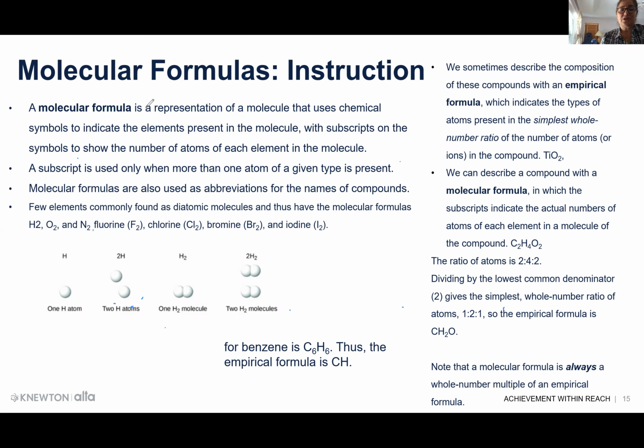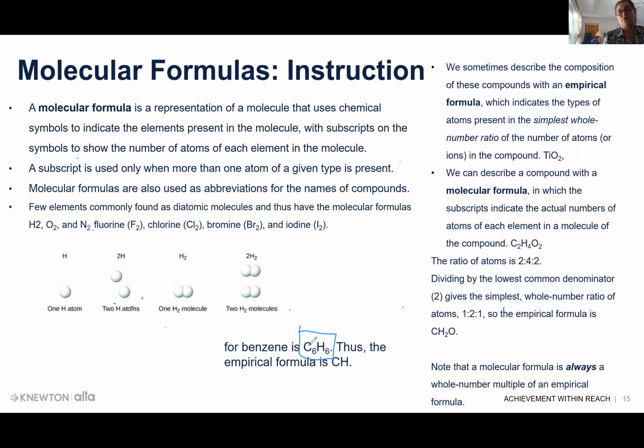It is a representation of a molecule, using chemical symbols. A molecule is a combination of a number of atoms. So when you say benzene has the chemical formula of C6H6, this is the molecular formula for benzene.